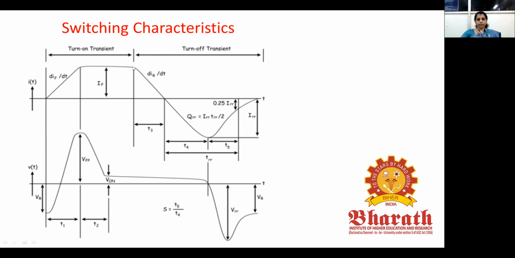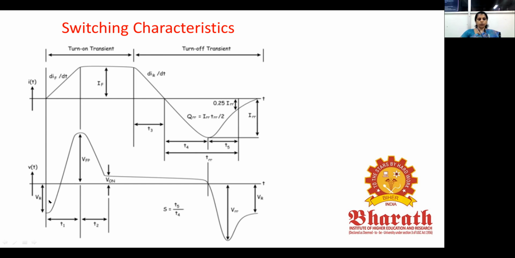Once the voltage across the anode cathode of a diode is removed, it will have some energy stored in it to get discharged. So it will take some time. There will be a negative current flowing across the device, and it will take some time to discharge all the energy stored in both the P and N layers of the power diode. So we can see this is the current curve of a power diode.